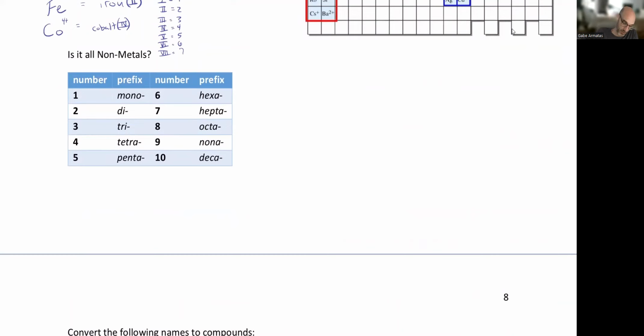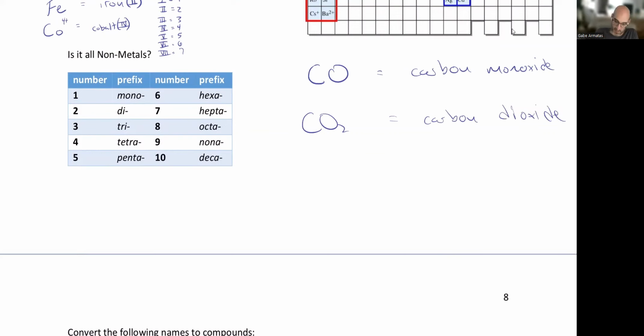We are just simply going to, the ones that you probably know, CO is carbon monoxide, and CO2 is carbon dioxide. When we have these, again, first one keeps its name. Second one gets an IDE ending.